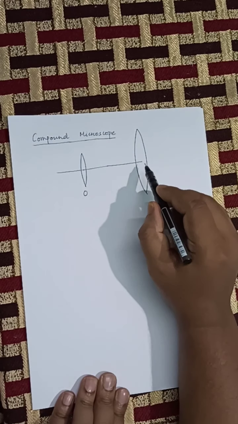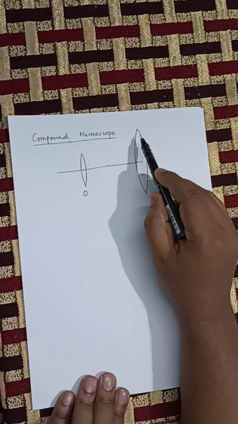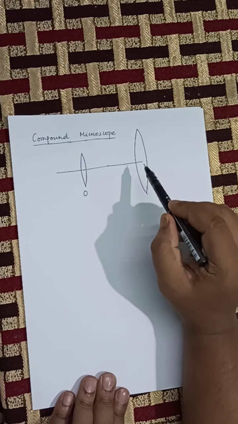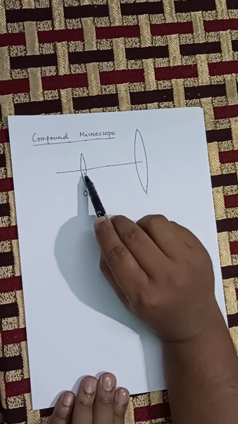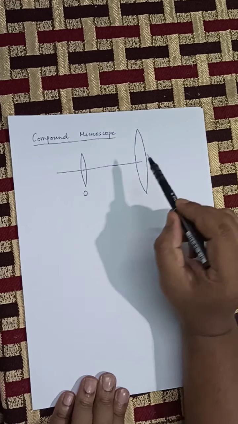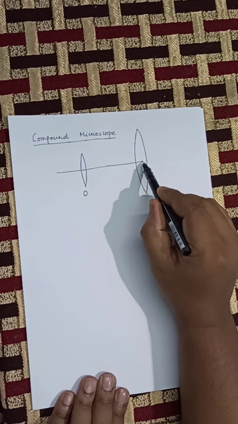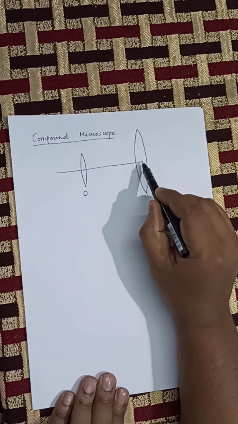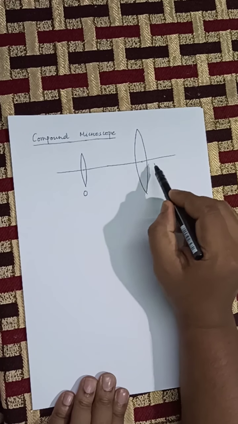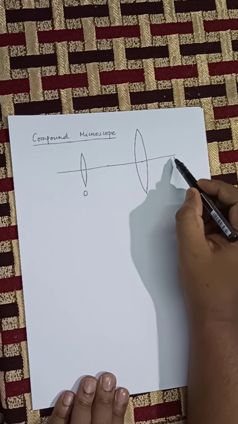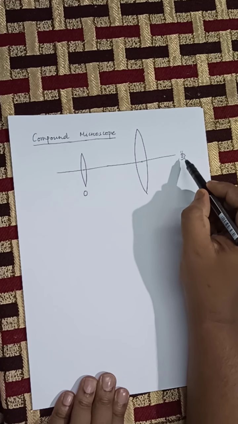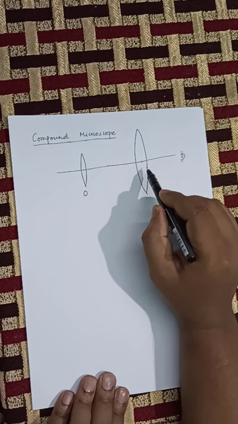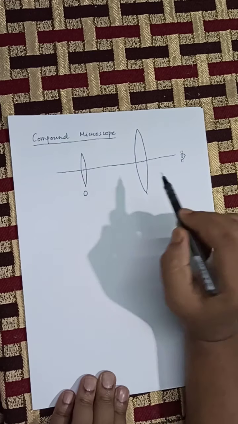Okay, and the second lens, having larger aperture and also a focal length that is greater than the objective lens, is placed near the eye to observe the magnified image of the object.